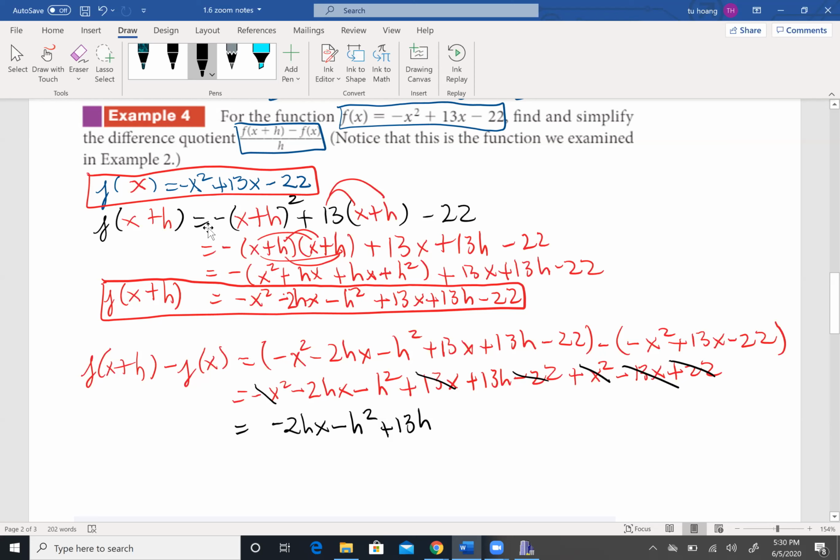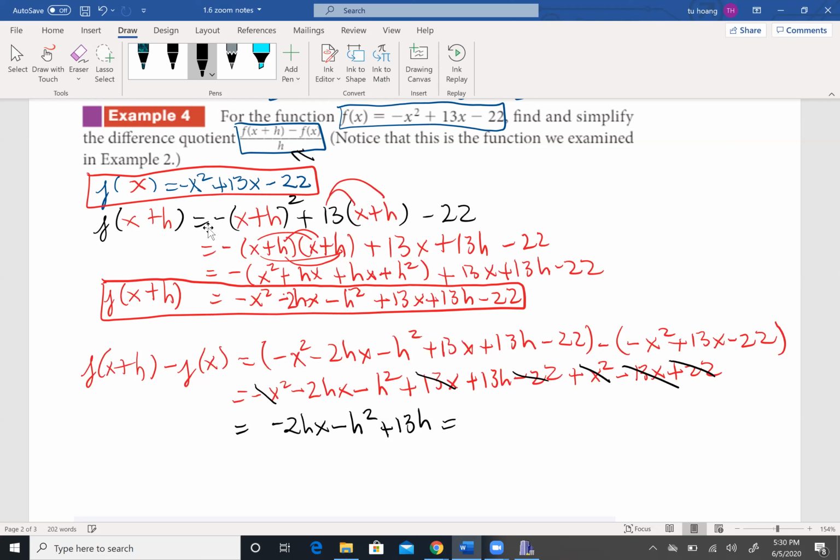Before I plug back into the difference quotient, I noted that at the bottom of the difference quotient here, I have an h. So I would like to factor the h out of the top, so later I can cancel the h, right?